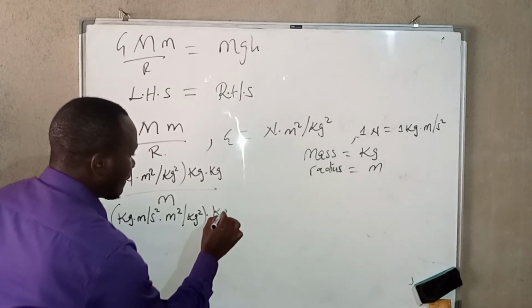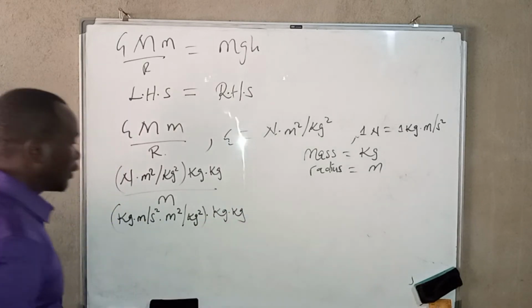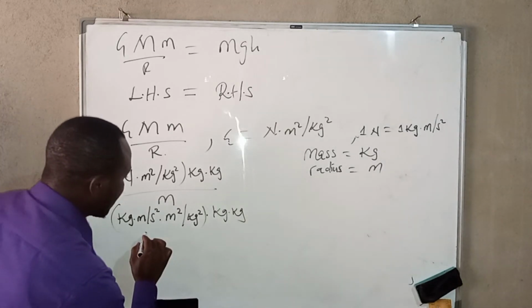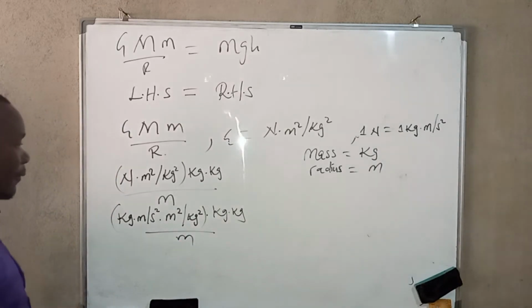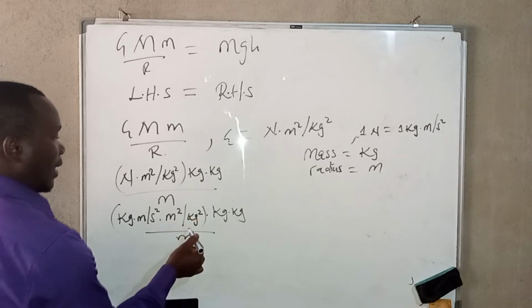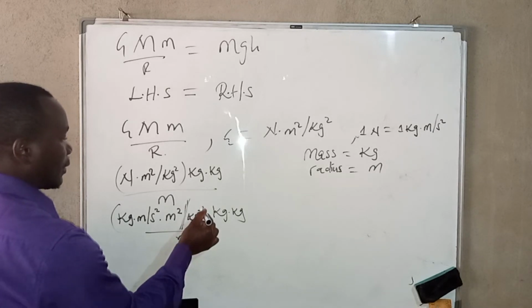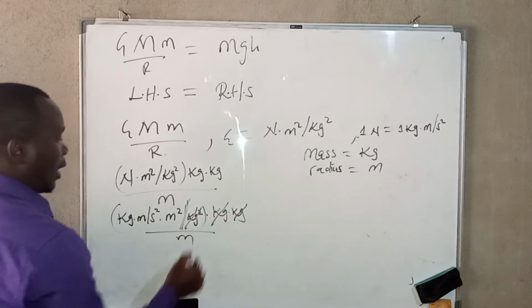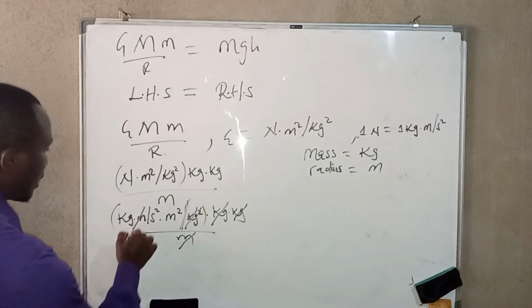Then we have kg, then we have meter. From here, we are able to see that this and this will cancel, this and this will cancel, this and this will cancel.